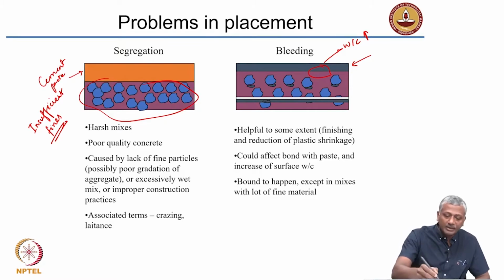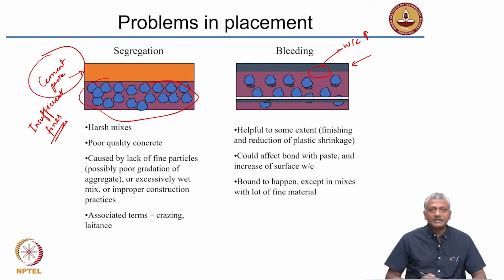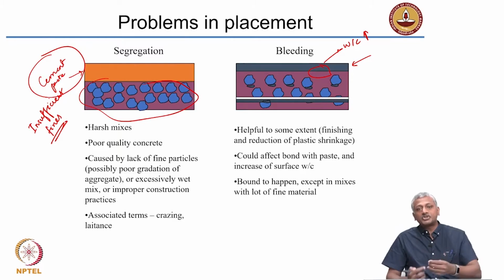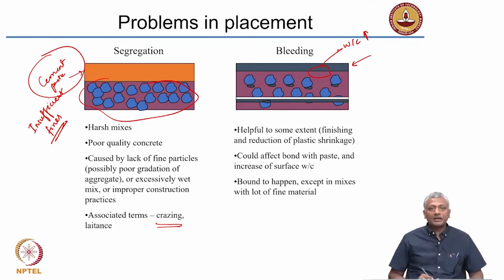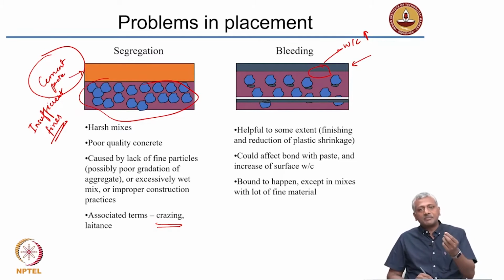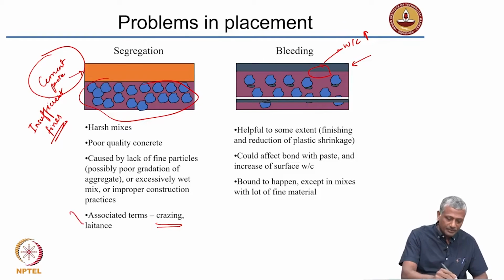Very often when you get the cement paste on the surface, I told you before that cement paste shrinks. Okay? If you form this layer of cement paste on the surface, it will shrink and then start getting cracked. That cracking is called creasing. You get these creasing cracks, and sometimes the cement paste will dry off as a powder and comes out, and that is called latence.